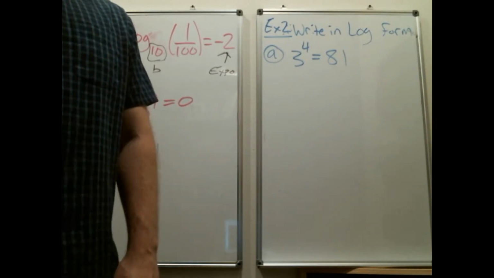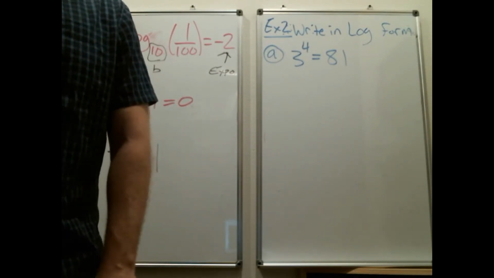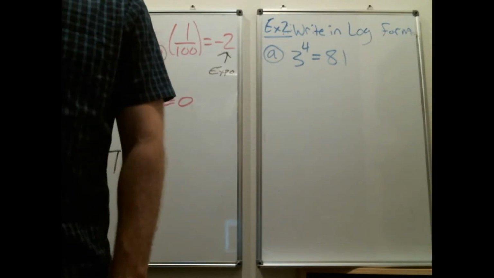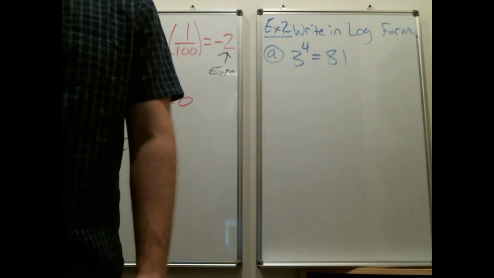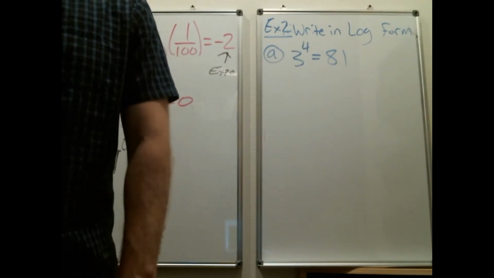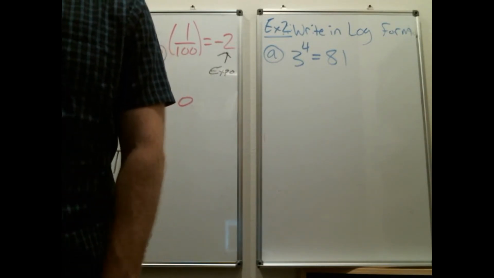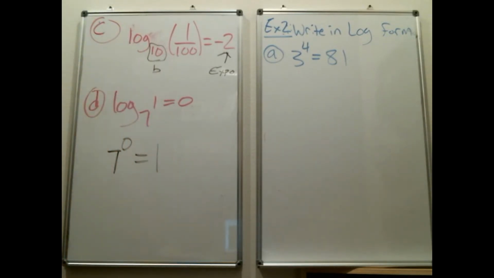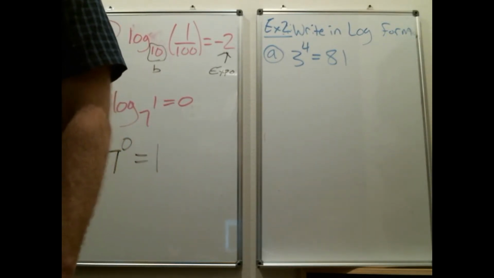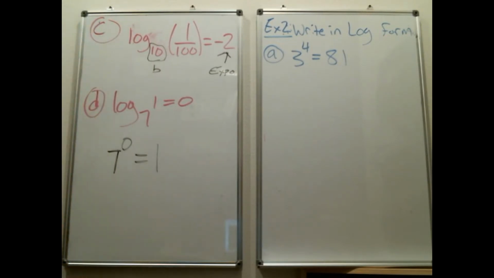And there's really nothing that we have to do here. But the point of these exercises is to get comfortable with converting back and forth between exponential and logarithmic. That's going to be very key in a little while. So let's convert this into logarithmic form.